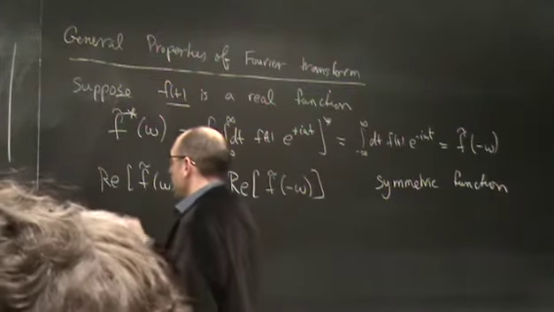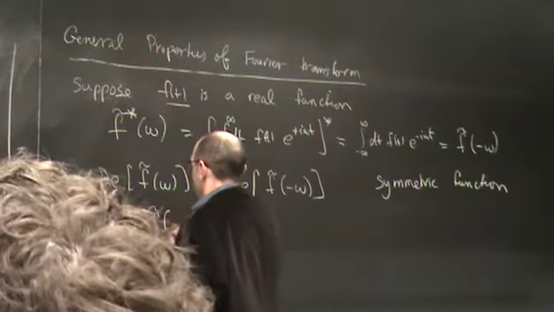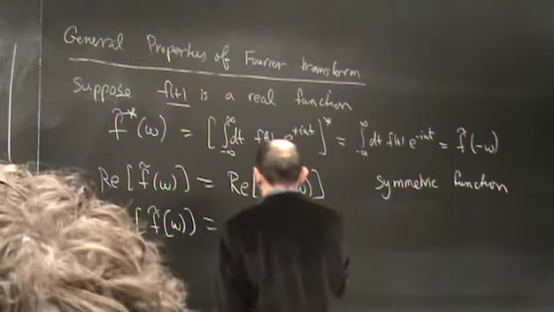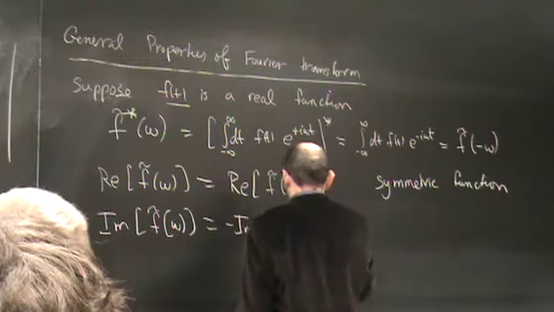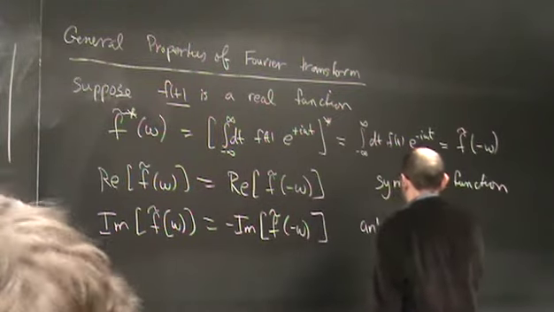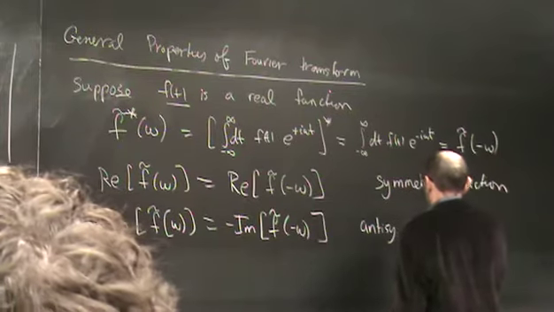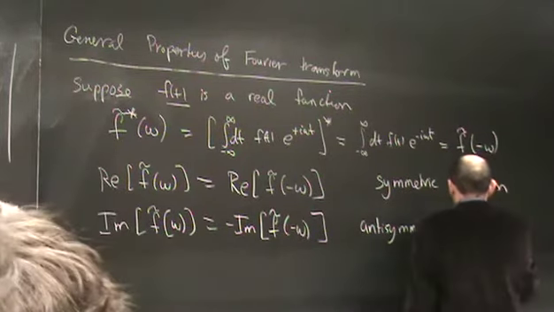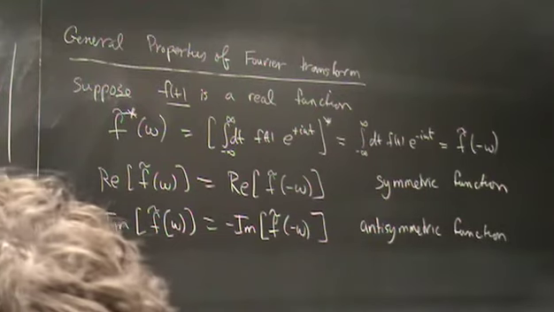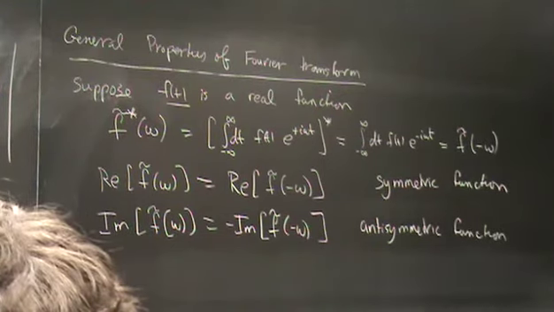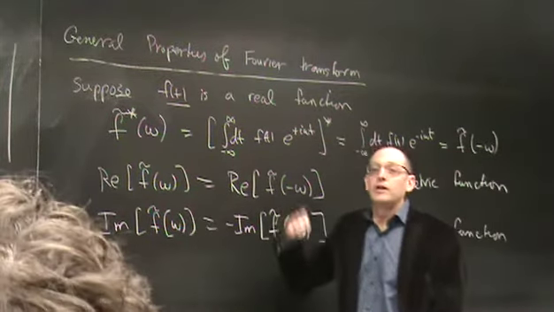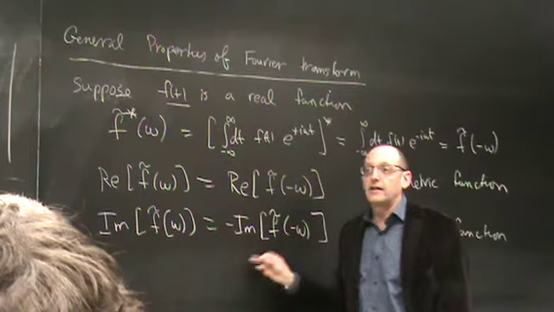So the imaginary part of f at omega is minus the imaginary part of f at minus omega. This is an anti-symmetric function of omega. So if my signal is real, then I have a constraint in the Fourier transform, that the real and imaginary parts are symmetric and anti-symmetric.